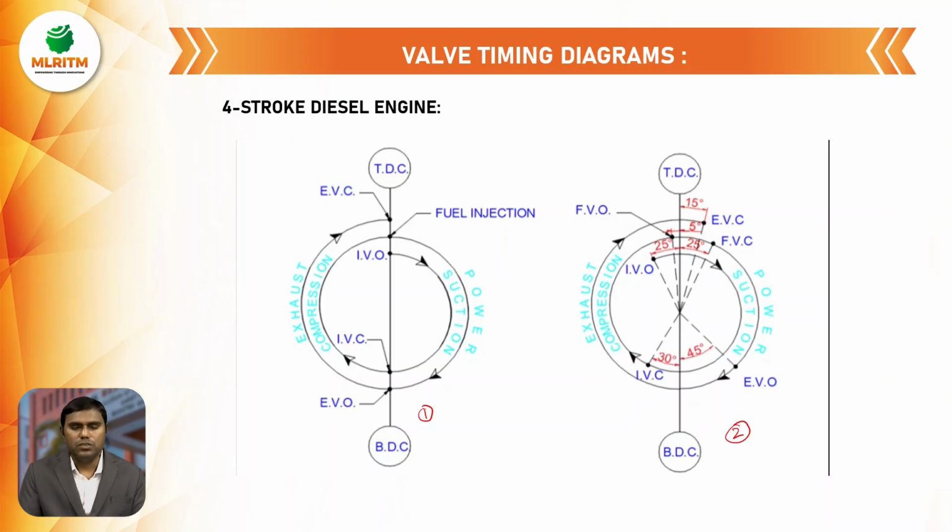diesel engine. Generally, the inlet valve opens exactly at TDC and closes exactly at BDC in a theoretical analysis. The exhaust valve opens exactly at BDC and closes exactly at TDC.